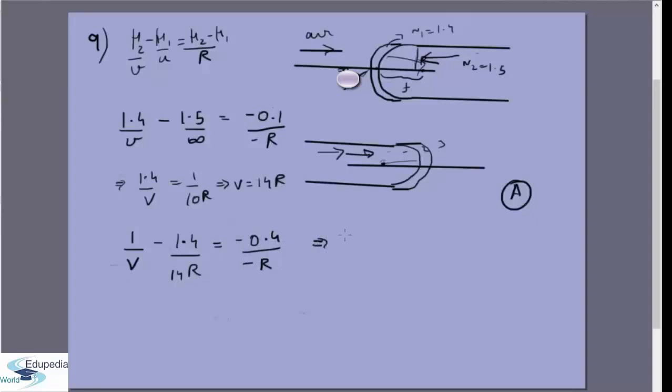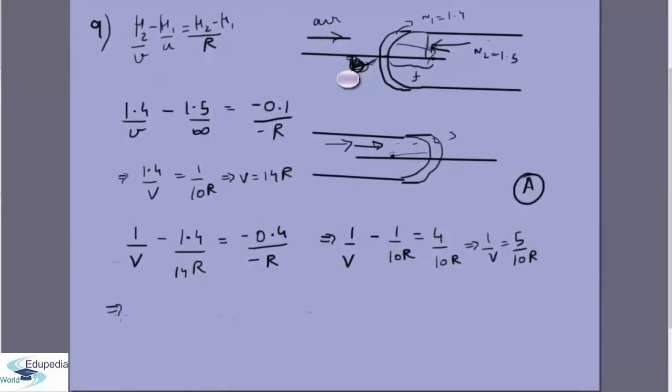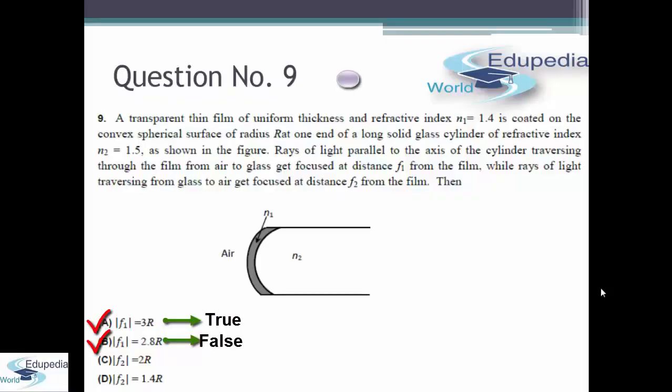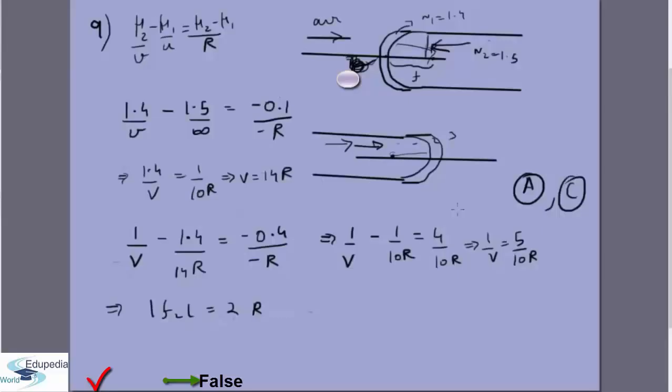So which tells us 1 by V minus 1 by 10R is equal to 4 by 10R. Right, 0.4 is 4 by 10, this is 1 by 10. So which means 1 by V is equal to 5 by 10R, which means V or mod F2 is 2R. So along with option A, option C is correct and option D is wrong. Right? Straightforward application of the formula. Thank you.